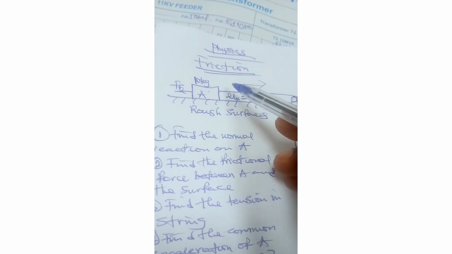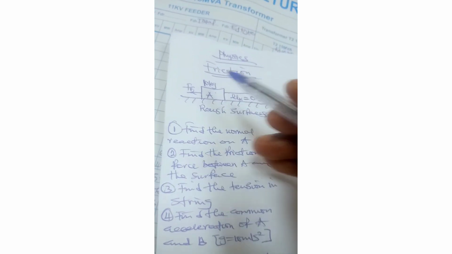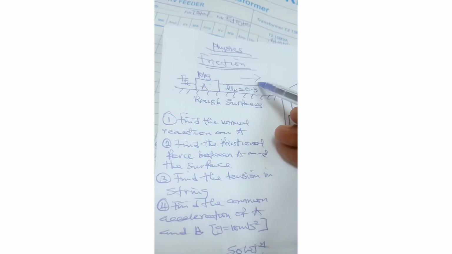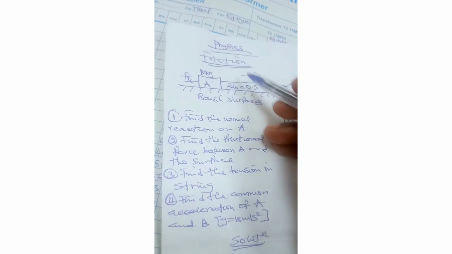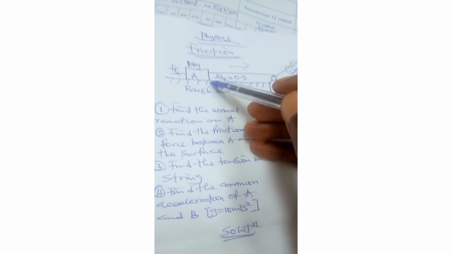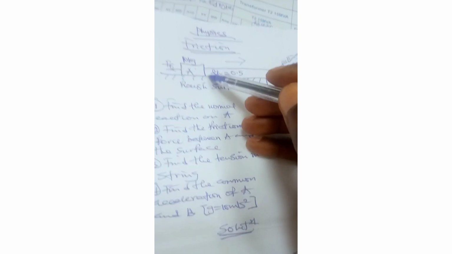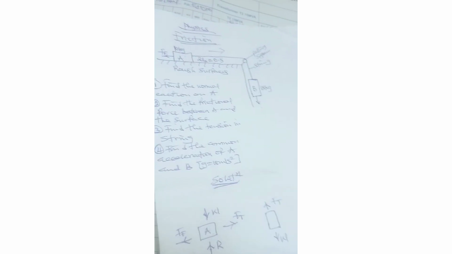Now, if you look at this diagram very well, for this object to move forward, it means the tension is greater than the frictional force. Meaning you are going to look at the sum of the forces that enable this object to move forward, to cause it to accelerate. That's what you are going to consider in order to find the tension. Now, how are we going to do that?